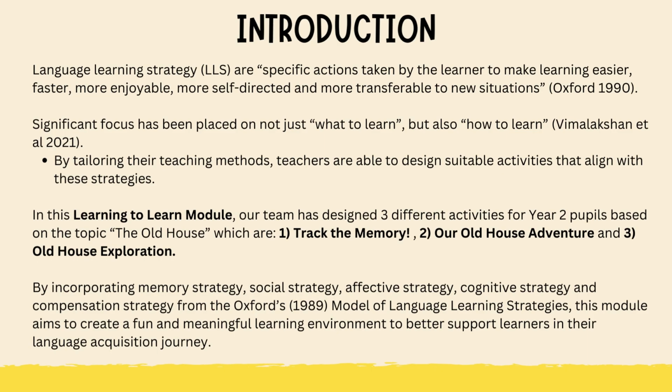We have chosen the Oxford 1989 model of language learning strategies by incorporating memory, social, affective, cognitive, and compensation strategy in our activities. This module aims to create a fun and meaningful learning environment to better support learners in their language acquisition journey.